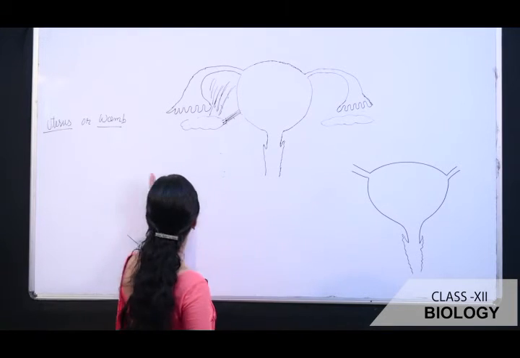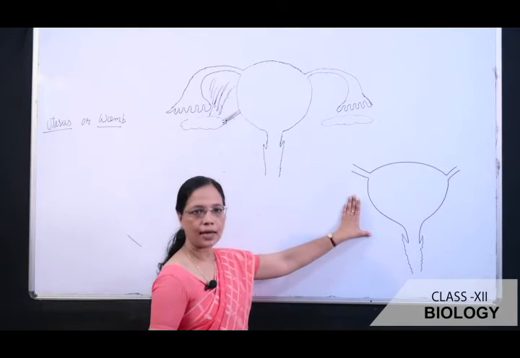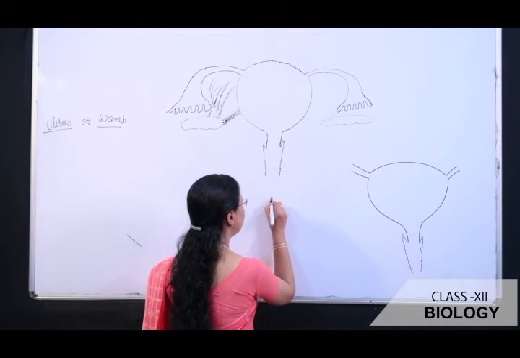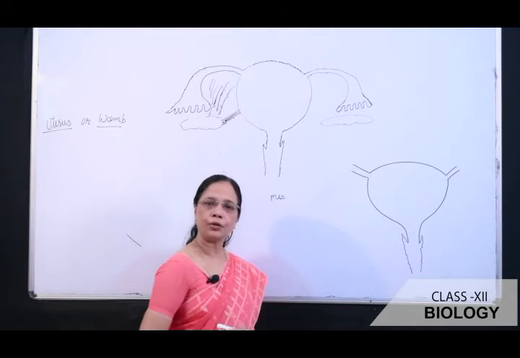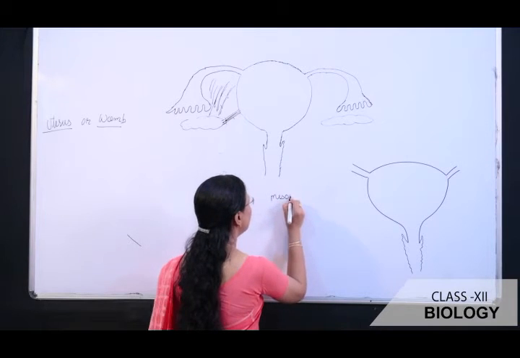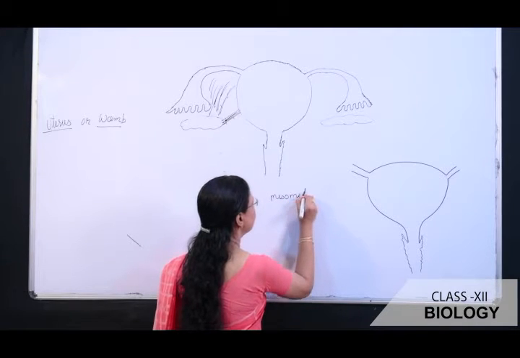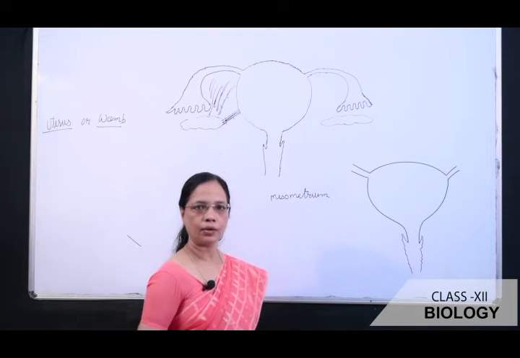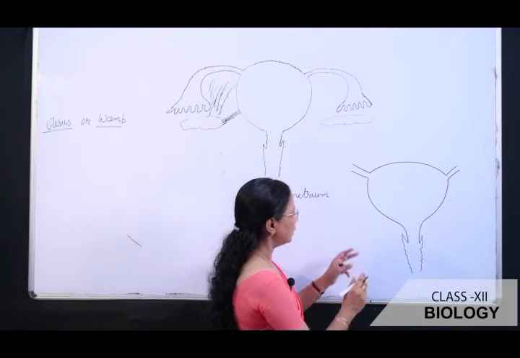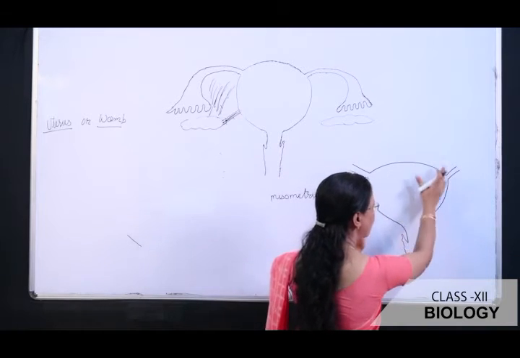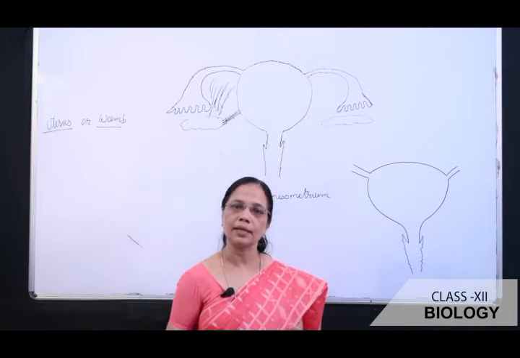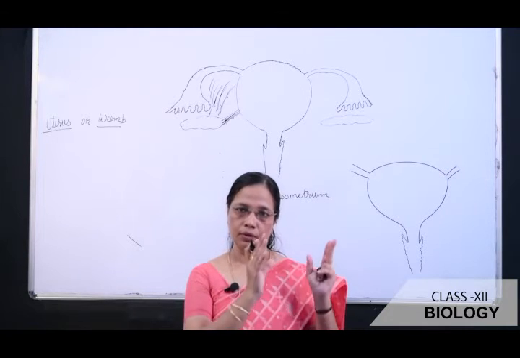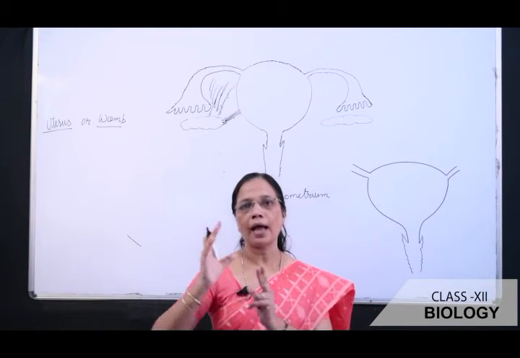Students, this uterus is attached to the body cavity with the help of a double membrane peritoneal wall which is called mesometrium. Now this uterus is a large elastic structure which is placed in between the urinary bladder and the rectum.